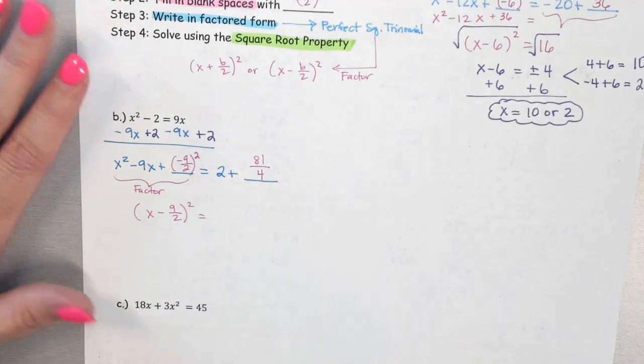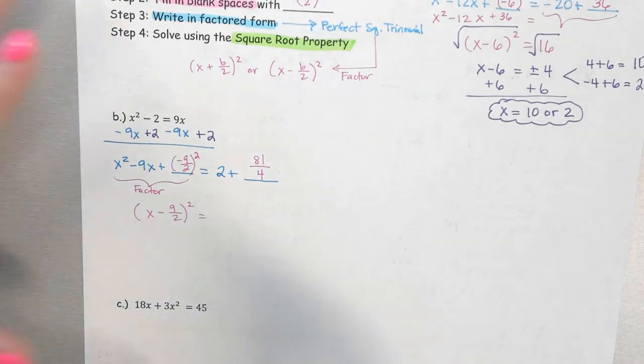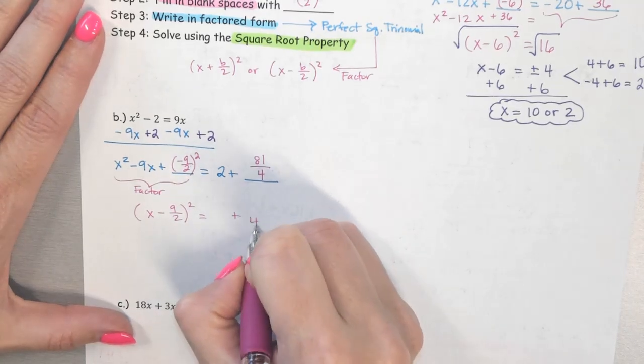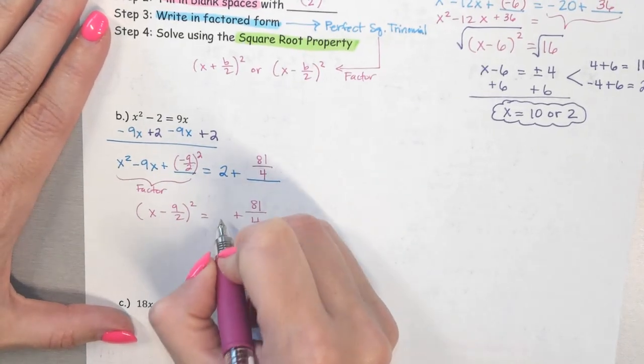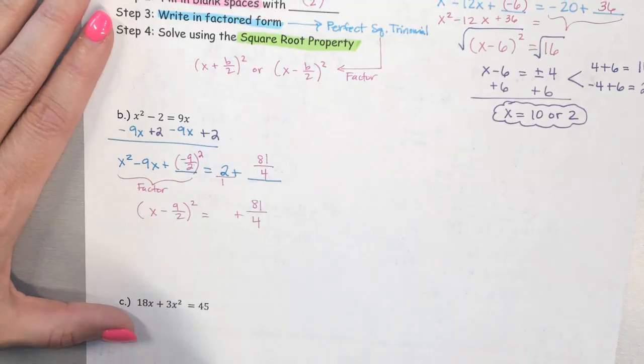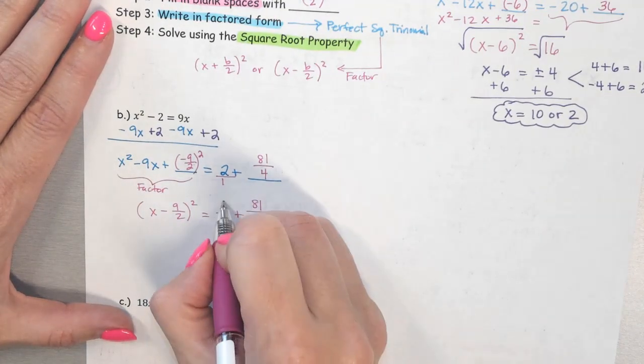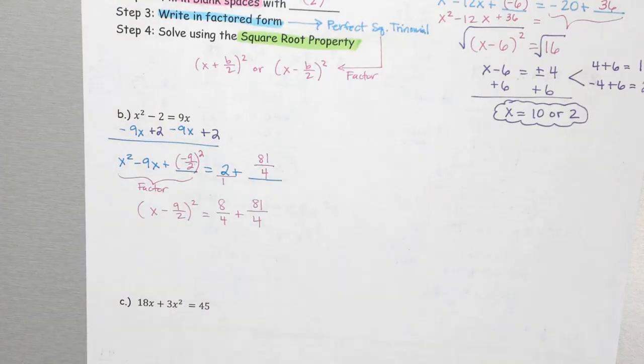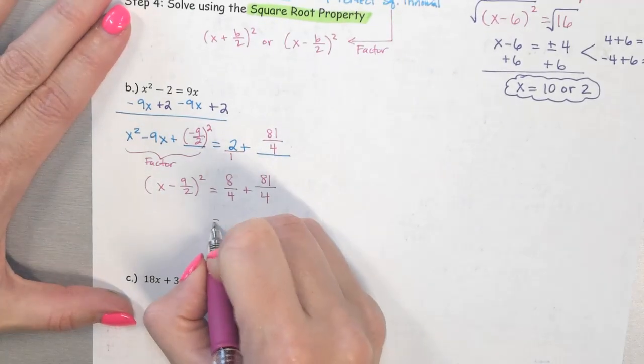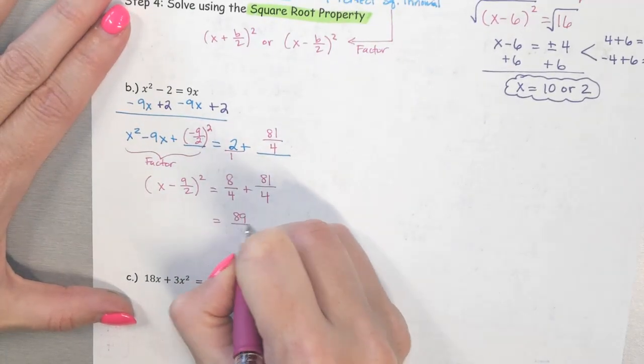Now we have to remember how to add together fractions. So we need a common denominator, which will be 4. So if this is 2 over 1, in order to make the denominator 4, you have to multiply 2 by 4. So 8 divided by 4 is 2. Add them together. So you get 89 over 4.